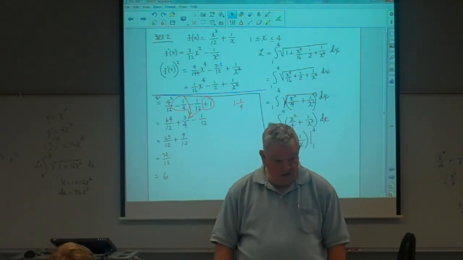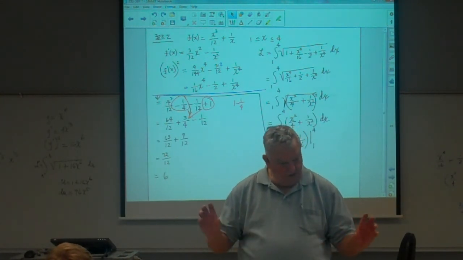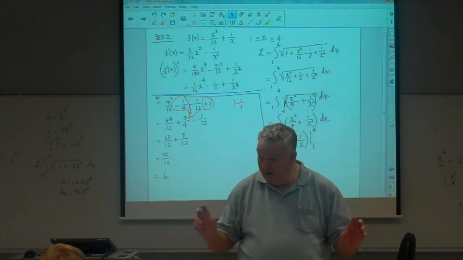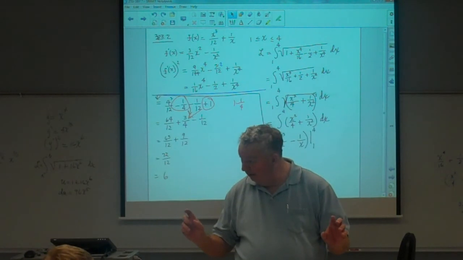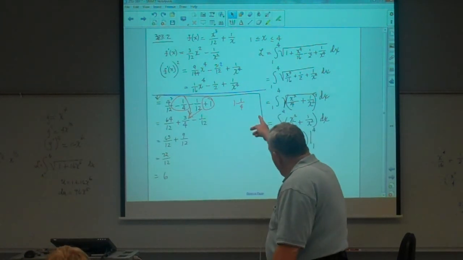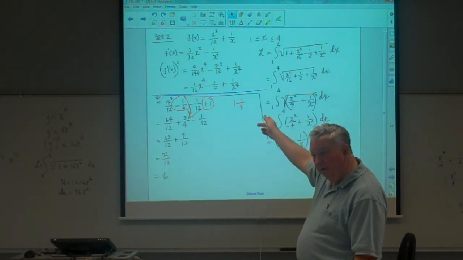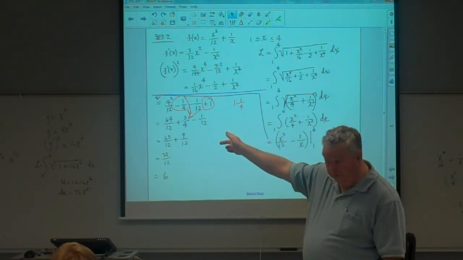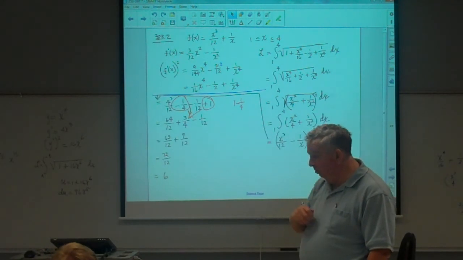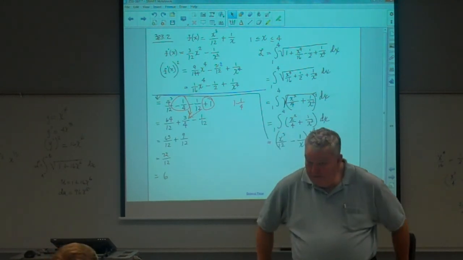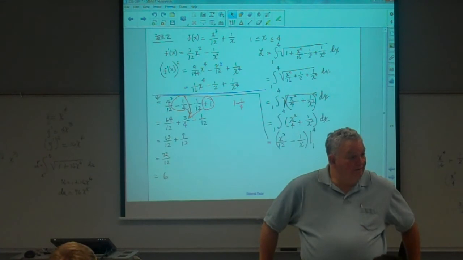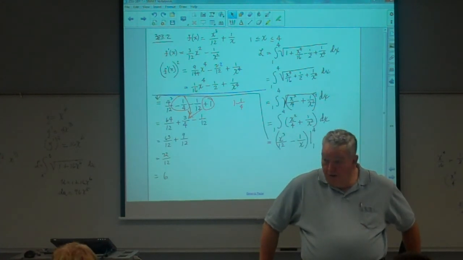You write the arc length integral on your card, and then whatever f of x I give you, you plug it in. Isn't everything above that blue line just getting it ready to plug in? And then you plug it in and get lucky. That's all you can do right now until I teach you how to do problems that you can't integrate.